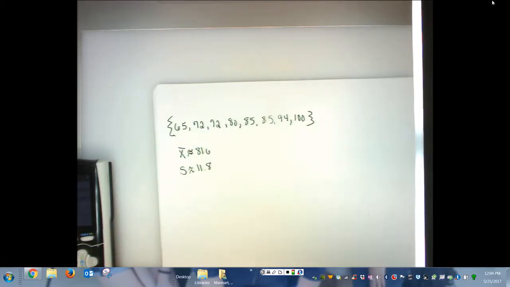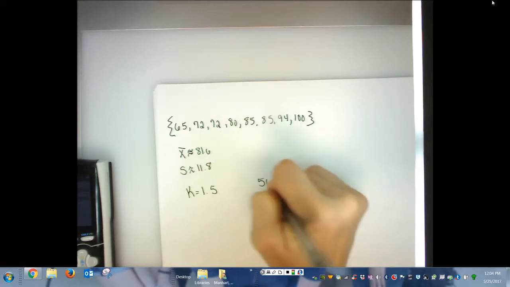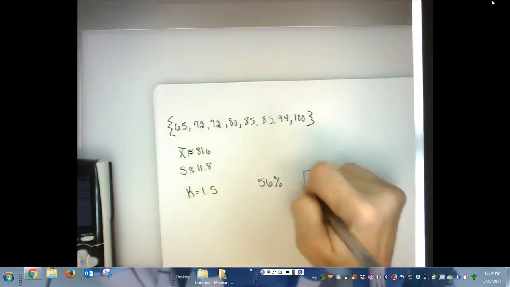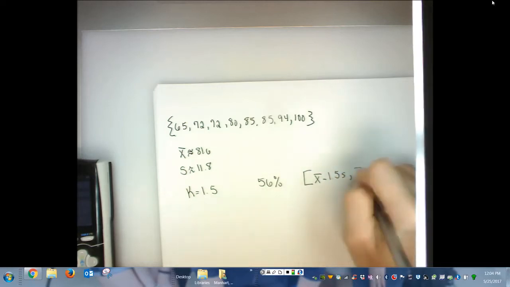We just found that when K is 1.5, Chebyshev promises at least 56% will fall within 1.5 standard deviations of the mean.